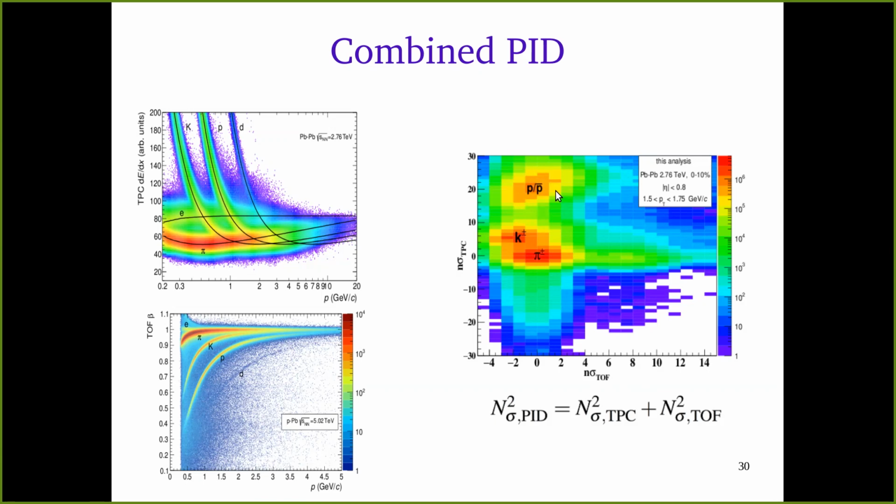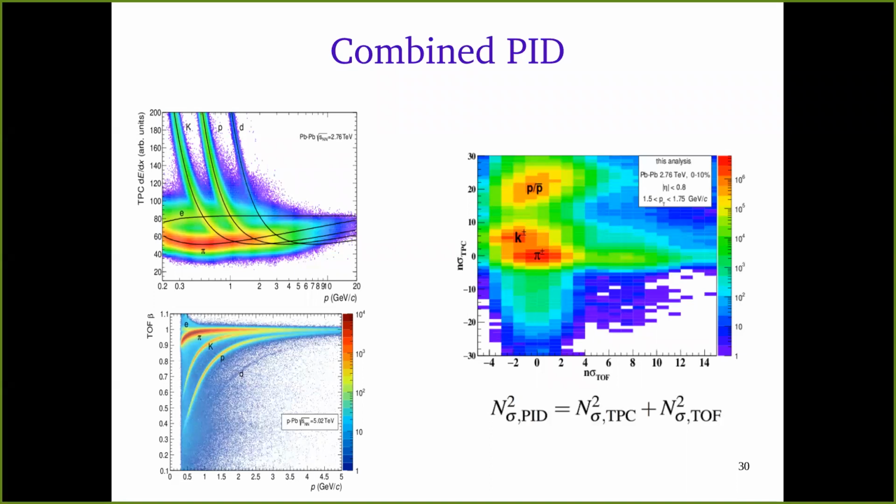The one which is quite far away is the proton. The one which is closer to pion is the kaon. So you can identify three distinct regions from this plot, and this is a very good way to visually understand how your particle selection works.